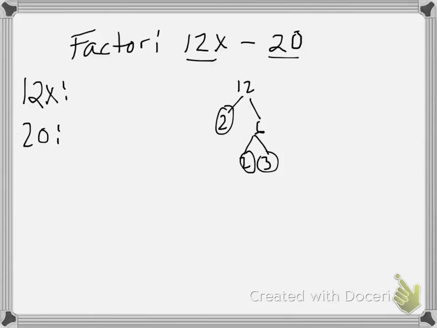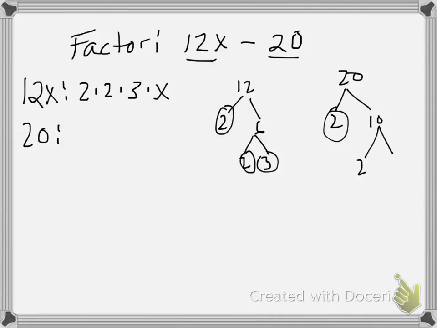So my prime factorization of 12x would be 2 times 2 times 3 times x. And for 20, I could factor that as 2 and 10. 2 is prime, and then 10 I could factor as 2 and 5. So my prime factorization for 20 would be 2 times 2 times 5.